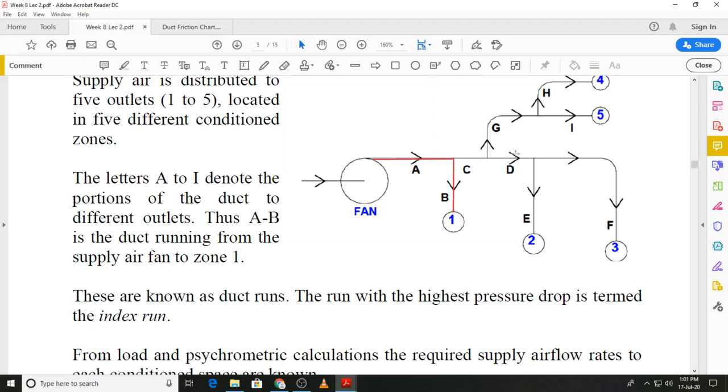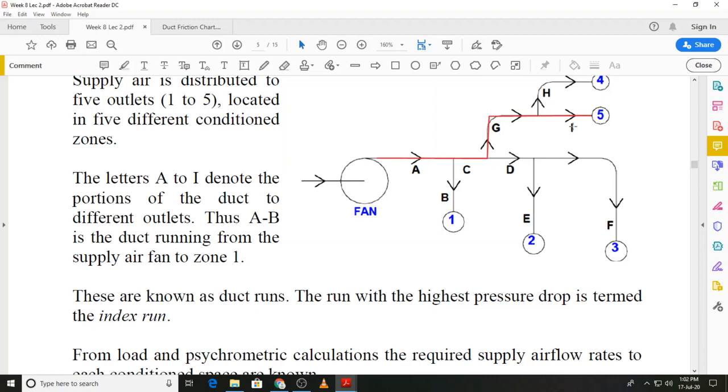If I go from over here to another outlet, let's say if I go to outlet number 5, so that run number 5 will consist of segments A, C, G and I, and any other fittings that we encounter in this run.